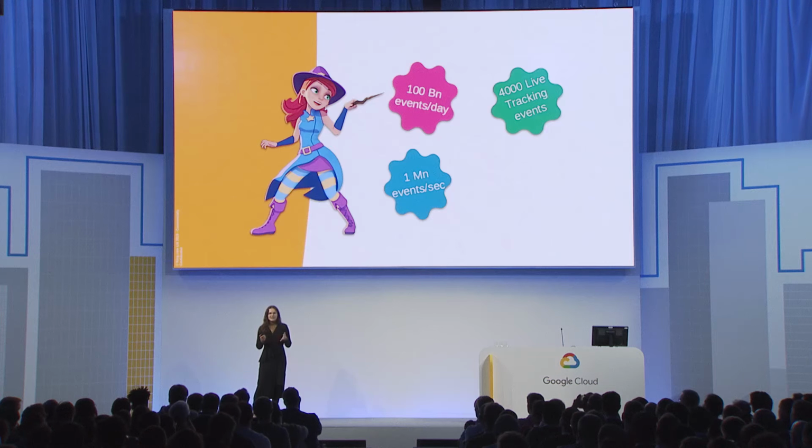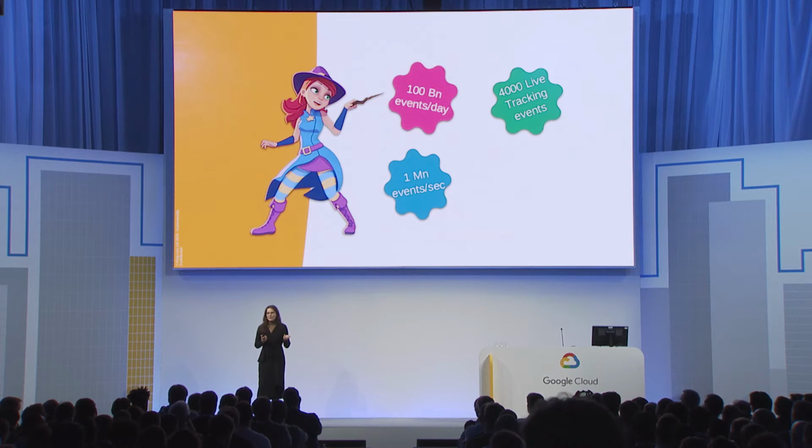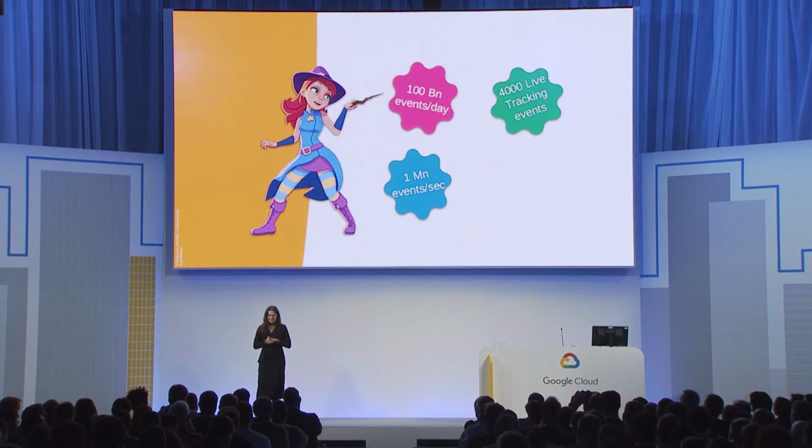However, we have spikes going all the way up to 4 million per second at peak activity times. Our data scientists across the company and data analysts have access to 4,000 live tracking events. So this means that every day we populate 4,000 different tables in BigQuery. And we also store 15 petabytes of data across GCS and Google BigQuery.